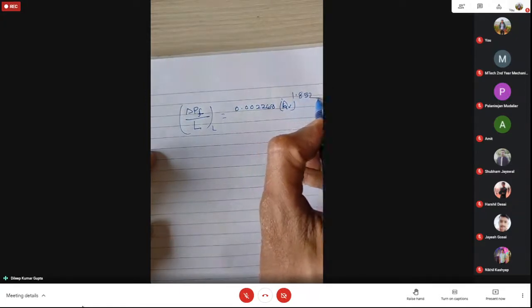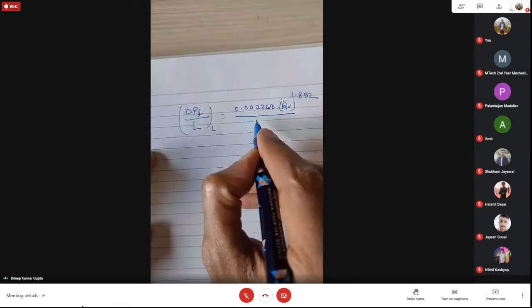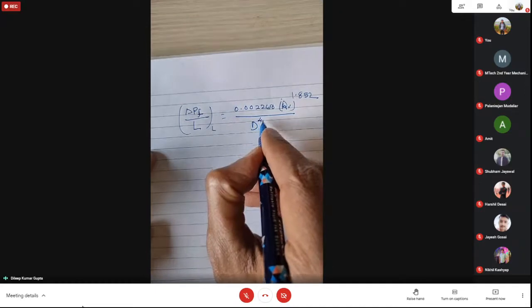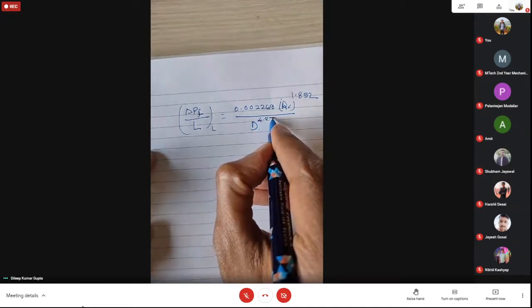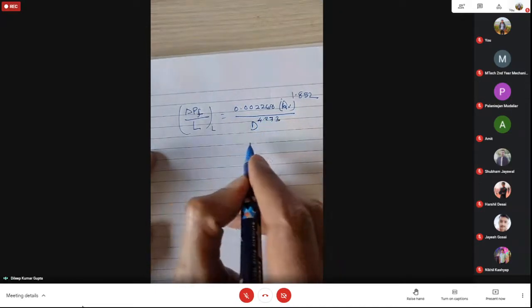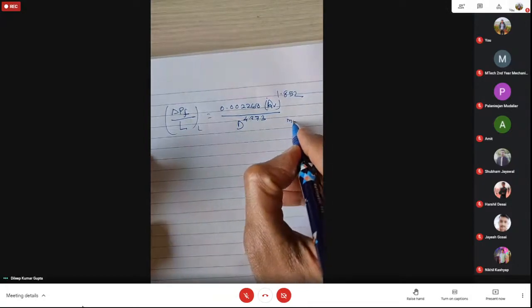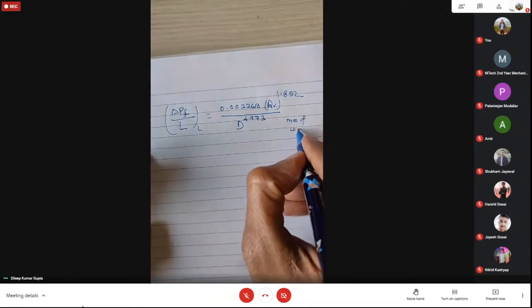You can use this correlation given in your textbook, divided by the diameter raised to the power 4.973, and this unit will be directly in mm of water.